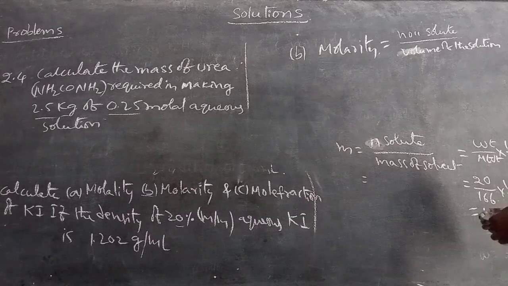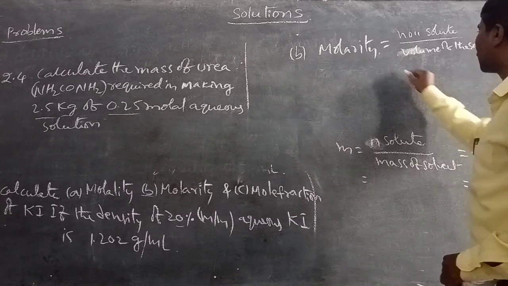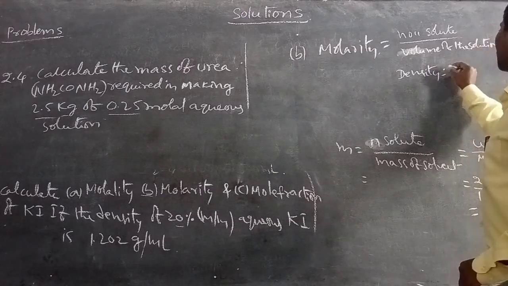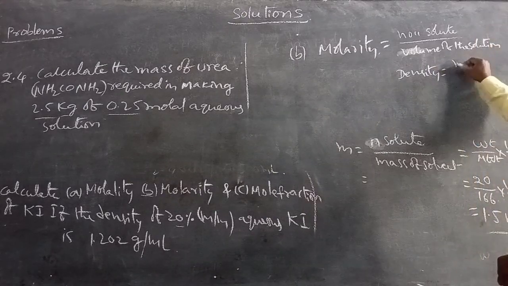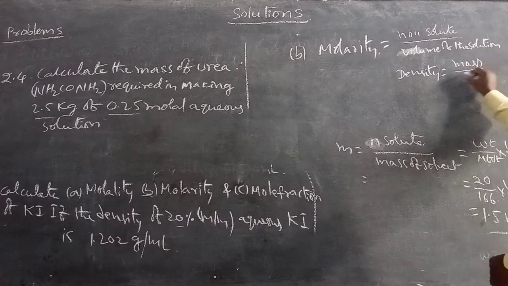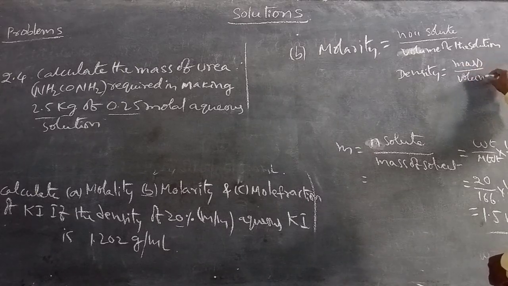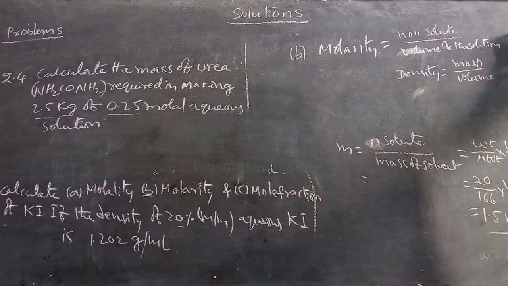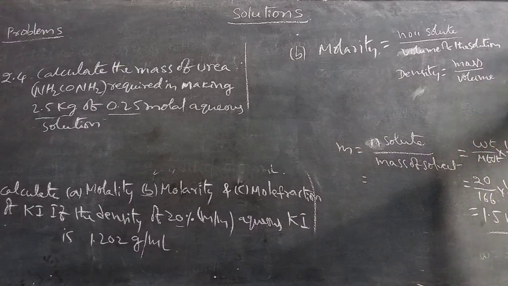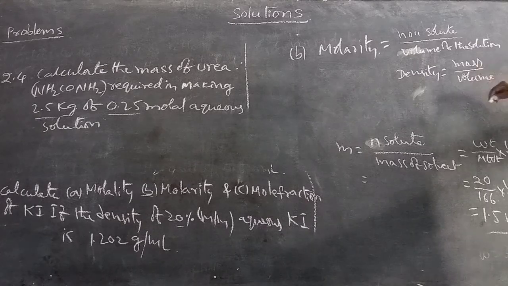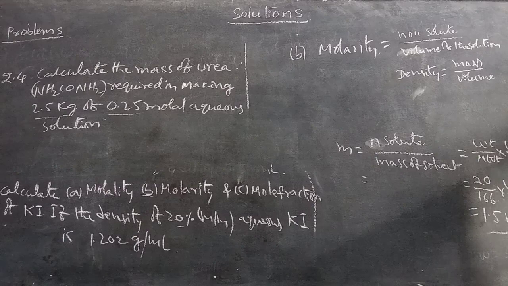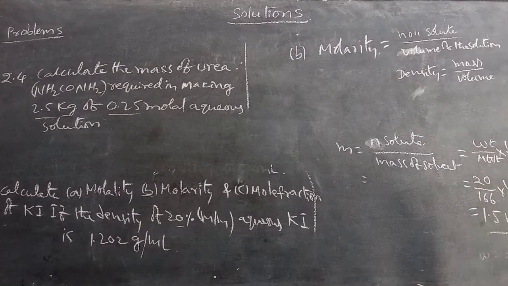So density equals mass by volume. So volume equals mass by density.